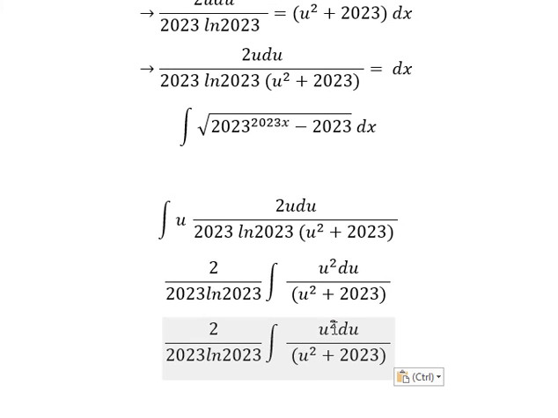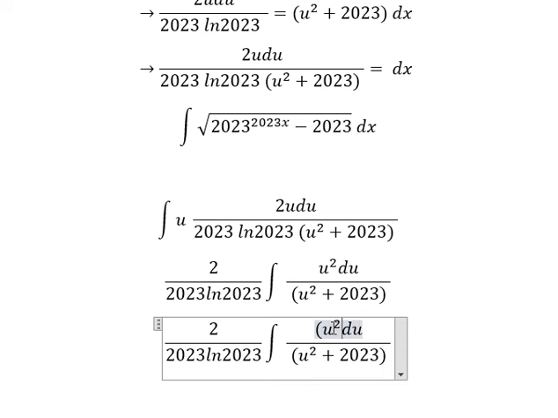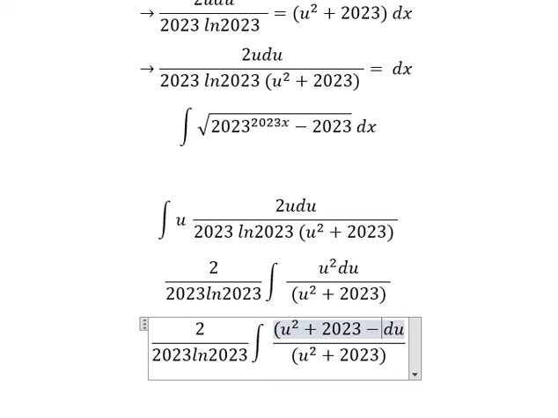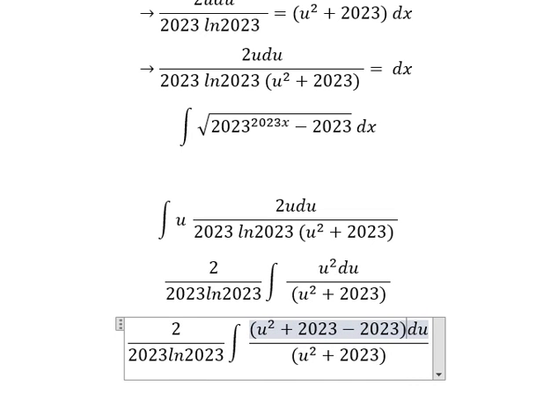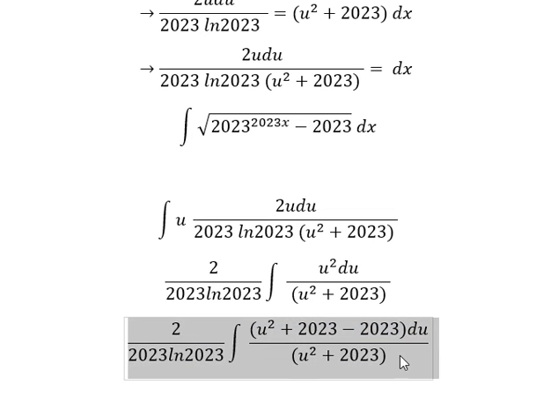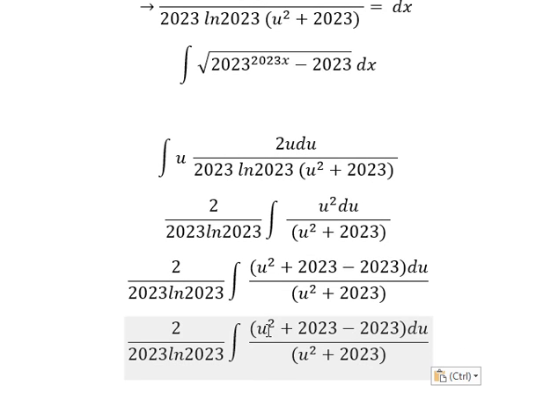Next, this one we need to add 2023 minus 2023. Next, this one divide by this one, so we have number 1.